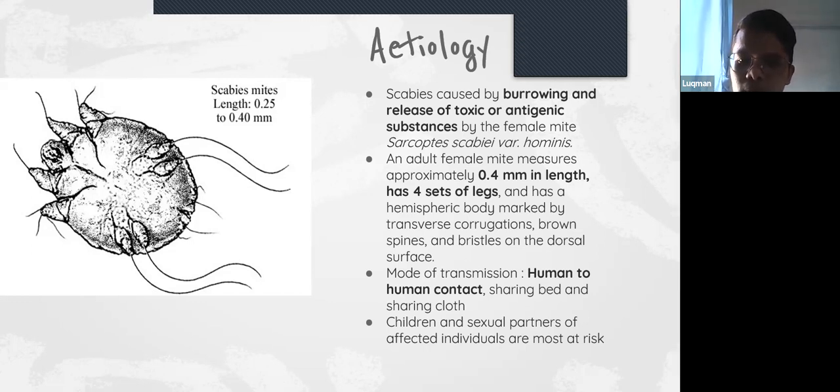Adult female mites measure approximately 0.4 mm in length, have 4 sets of legs, which is 8 legs, and have a hemispheric body marked by transverse corrugation, brown spines and bristles, which contribute to the itchiness of the skin. The mode of transmission is human-to-human contact, sharing bed and sharing clothes. Children and sexual partners of the affected individual are most at risk.